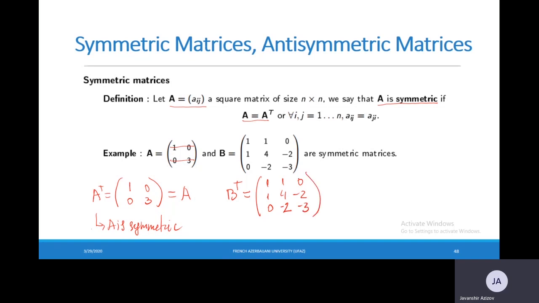This matrix and this one are the same. Then the transpose of B will be itself. From here, B is a symmetric matrix. That's it.